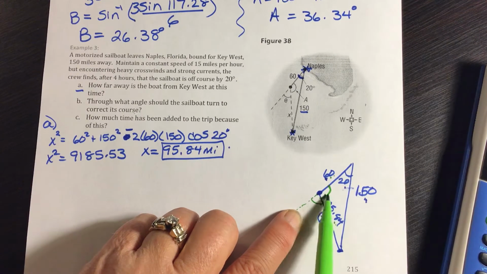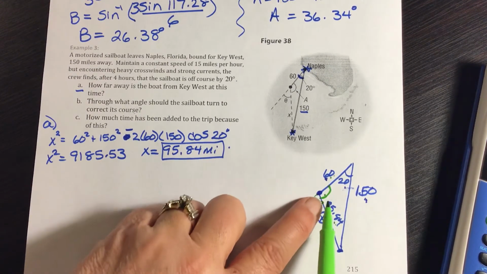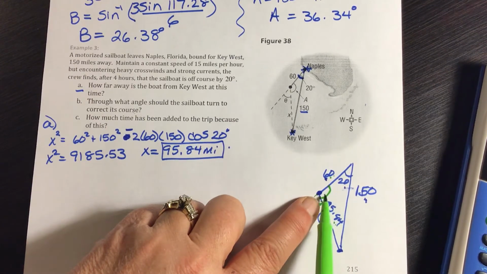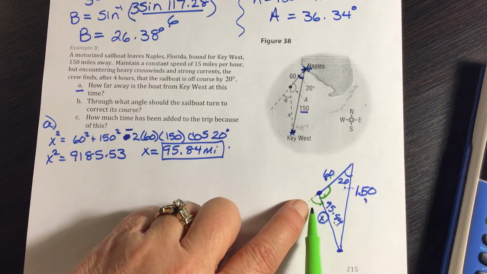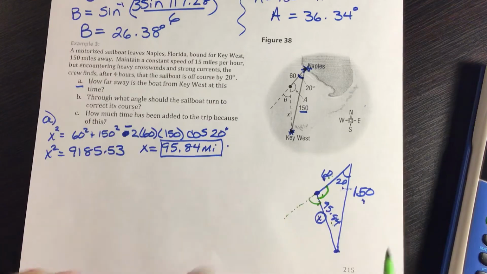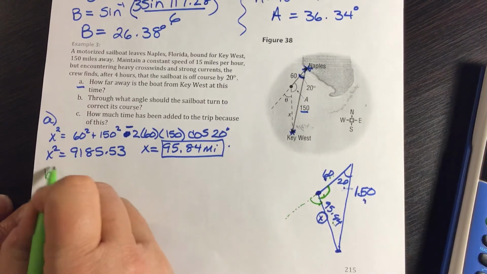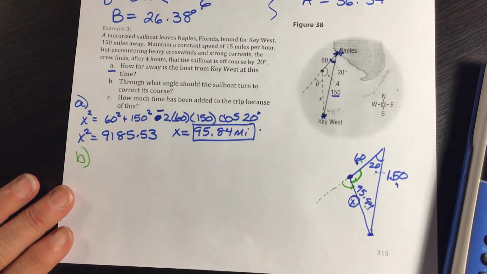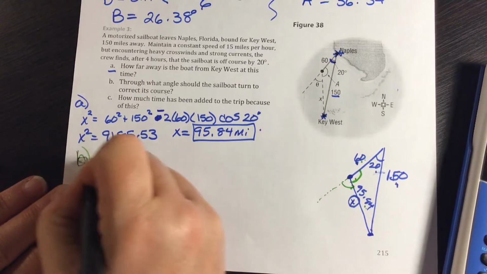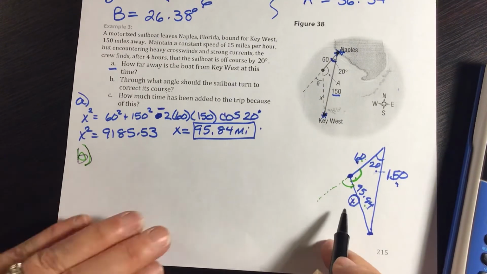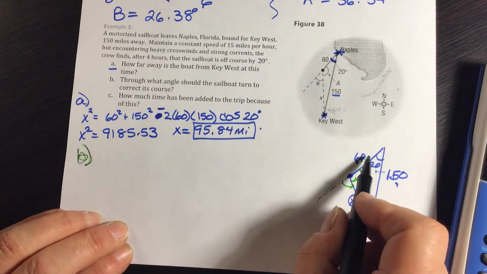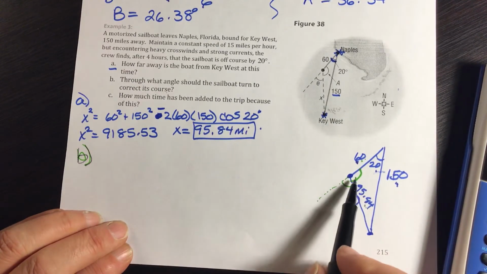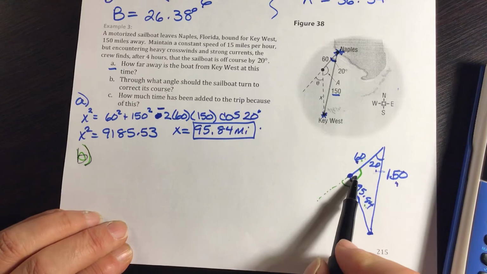Okay, so the two angles have to add up to 180. So if I can find this one, I can find the other one. All right, so let's do part B. And in part B, I'll do a little darker here. I'm going to have side, angle, side. All right, so I want to find this angle.